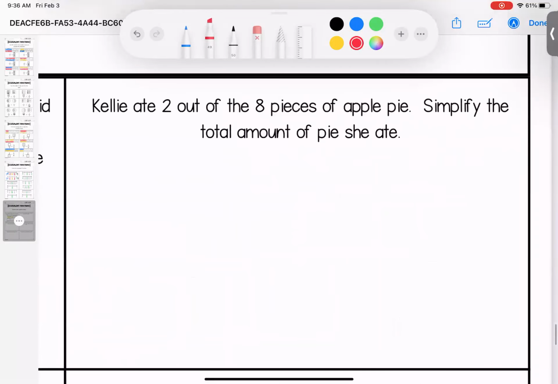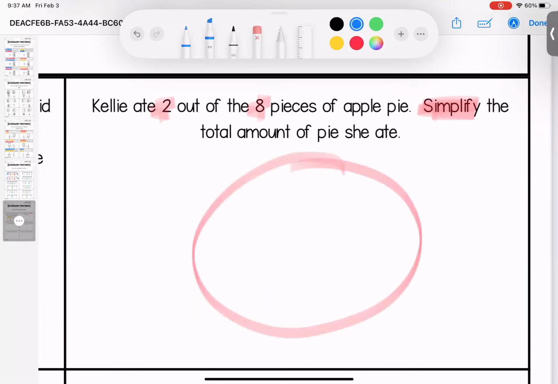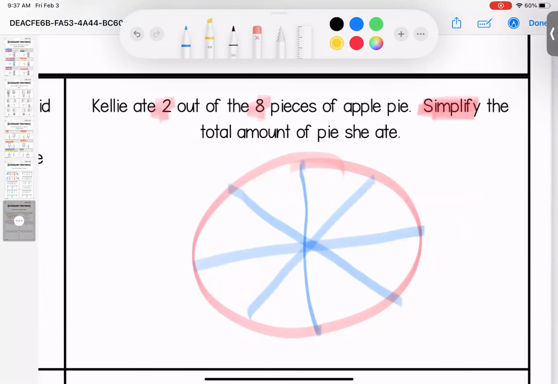Over here, this is one of the super stickies talking about simplifying. Kelly ate 2 out of 8 pieces of an apple. Simplify the total amount of the apple she ate. So if we have her apple and we cut it into 8, and we said that she ate 2 of them, another way that we could describe this is if we took out those lines, we could also say that she ate 1/4 of an apple.